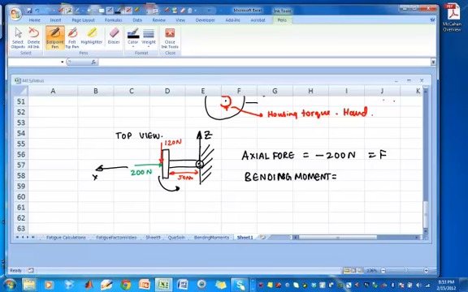Like that. So x cross y is z. Okay, so that's the y direction. So this is my moment, equals 120 times 50 millimeters, which turns out to be 6,000. That's my moment.